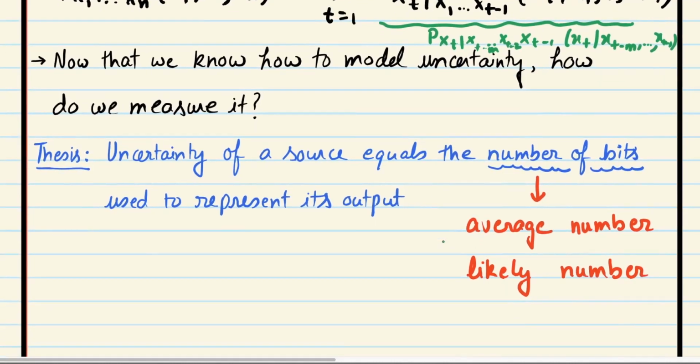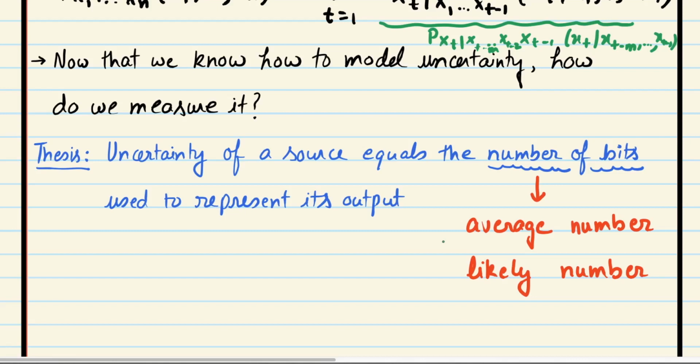Okay, you may ask that, well, the source is a random variable and whatever representation you choose, based on the realization, it will have different length. So this number of bits itself will be a random variable. So what do you mean by uncertainty equals the number of bits used to represent the output, because this is a random variable, right? That's a very valid point.